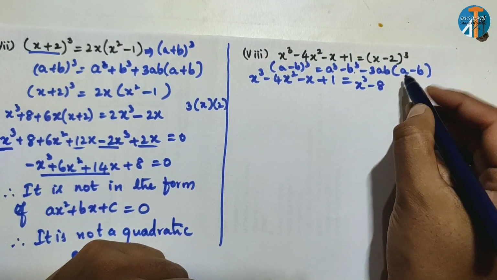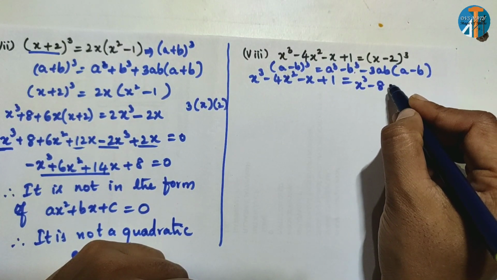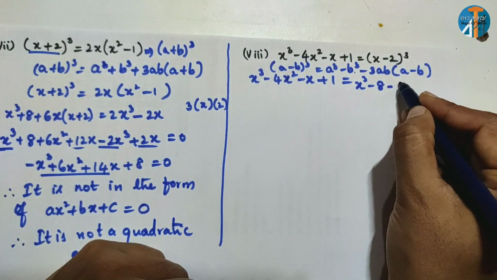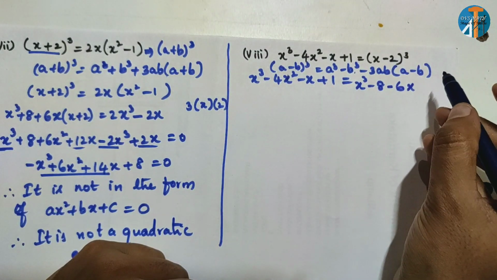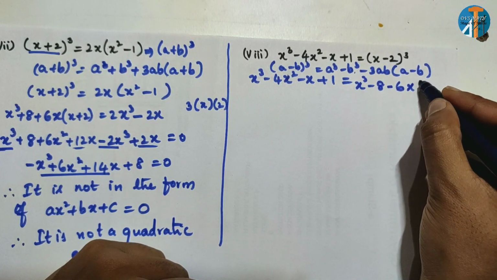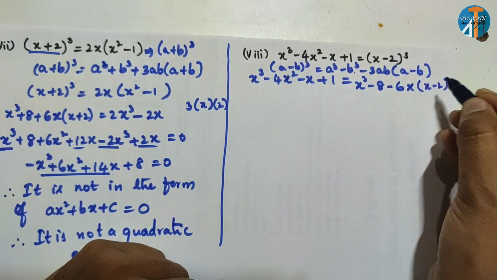Again 3ab: minus will be as it is, 3 into x into 2 is 6x. The same thing remains: a minus b means x minus 2.